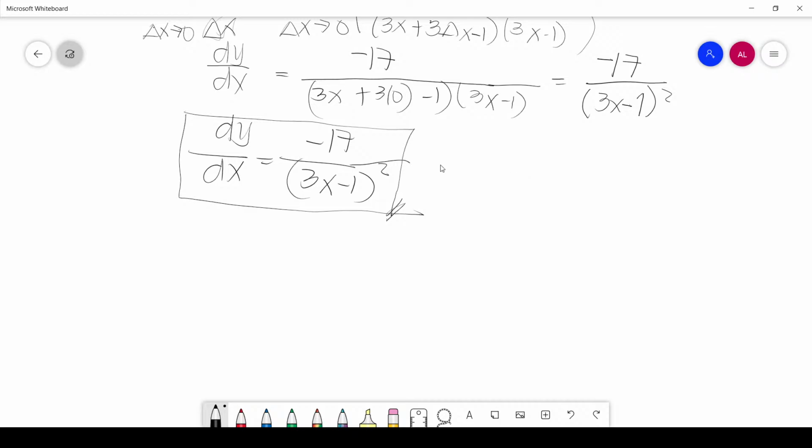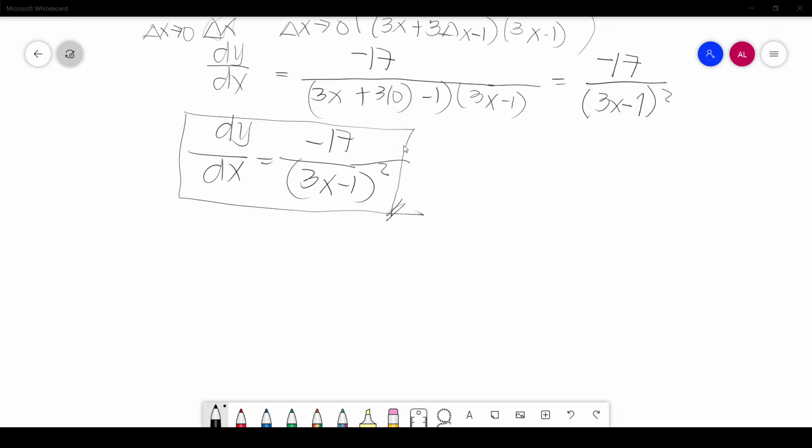So, if you assume a point 0, negative 5, you will have the slope of negative 17. Negative 17 is to 1.